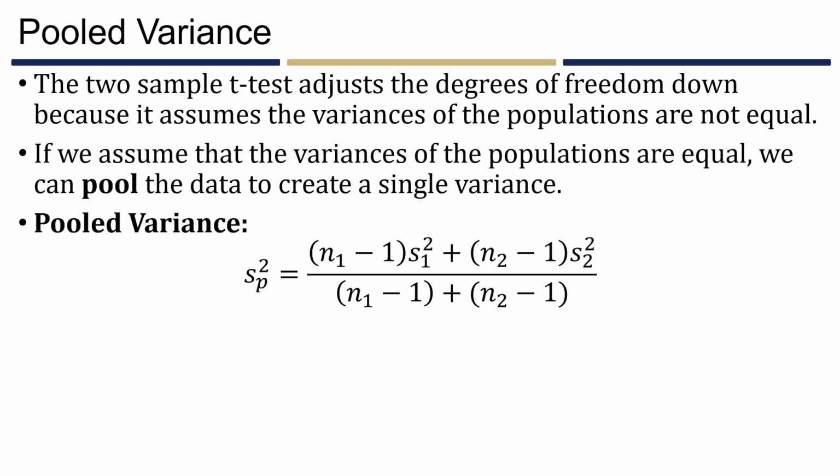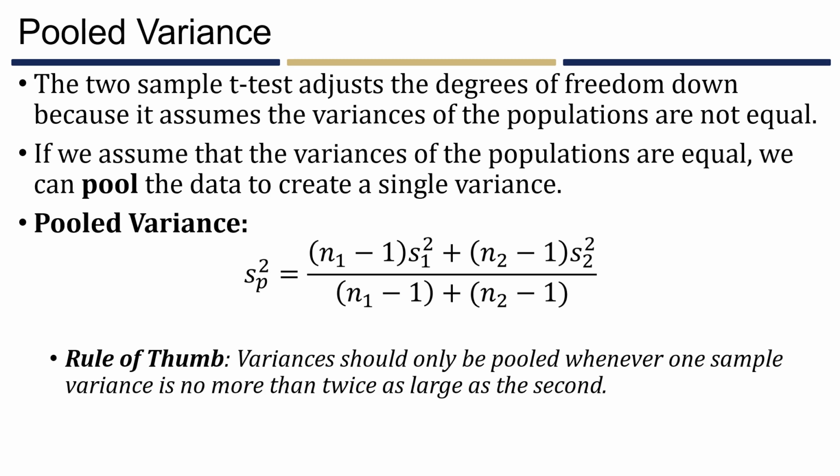We have the first sample size minus 1 times its corresponding sample variance, plus the second sample size minus 1 times its sample variance. We then divide that sum by the total number of observations altogether, n1 plus n2 minus 2, or alternatively, n1 minus 1 plus n2 minus 1.